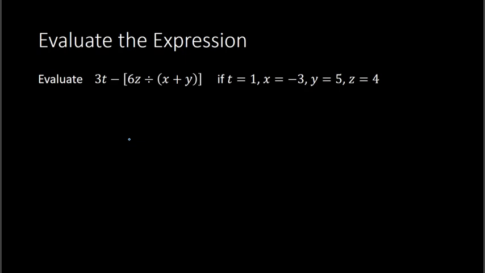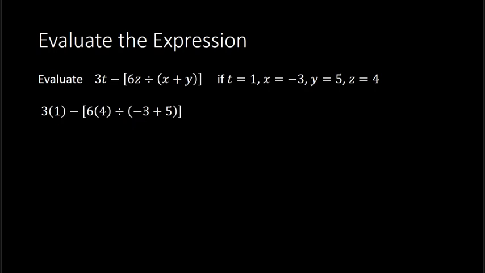So instead of 3 times t here at the beginning, we now have 3 times 1. Instead of 6 times z, we now have 6 times 4. And instead of x plus y in the parentheses, we now have negative 3 plus 5. So same thing, we're just plugging in the numbers first.